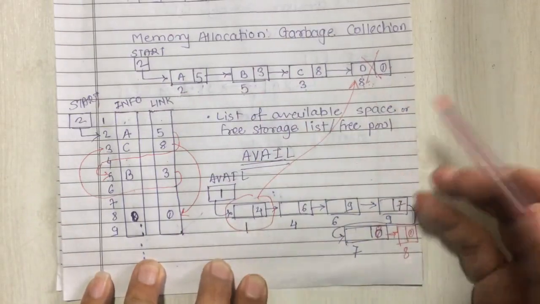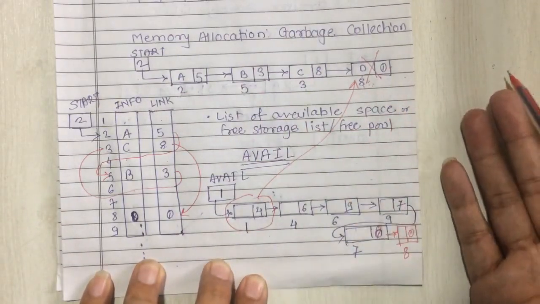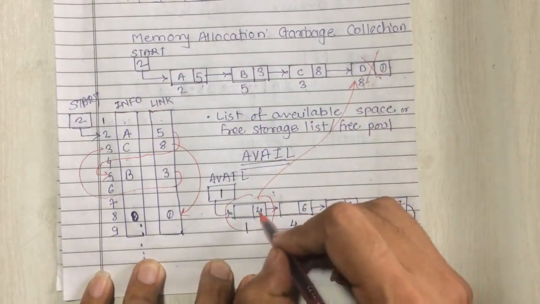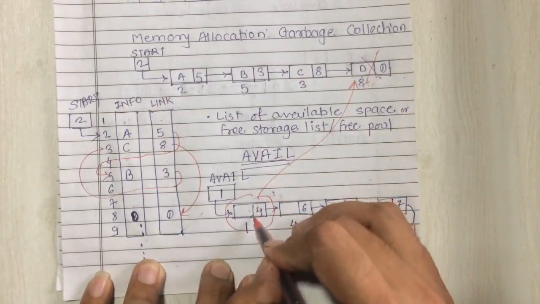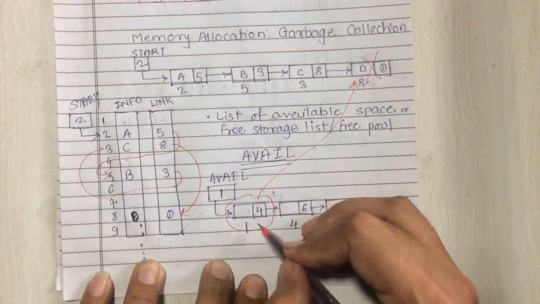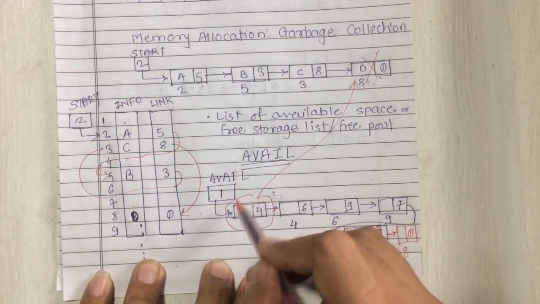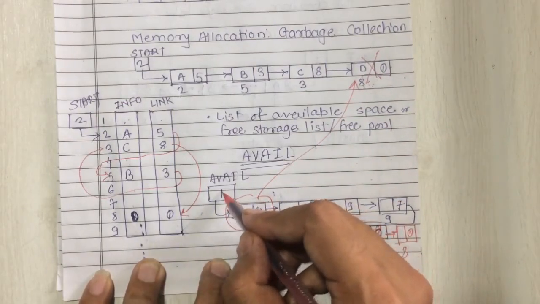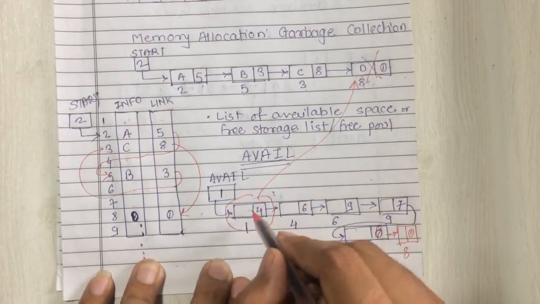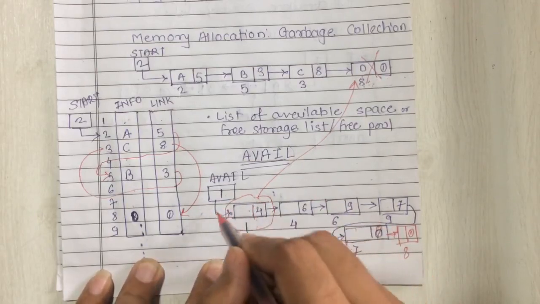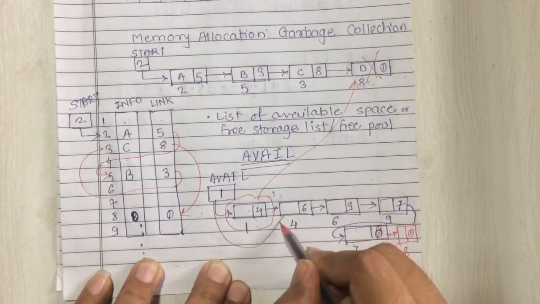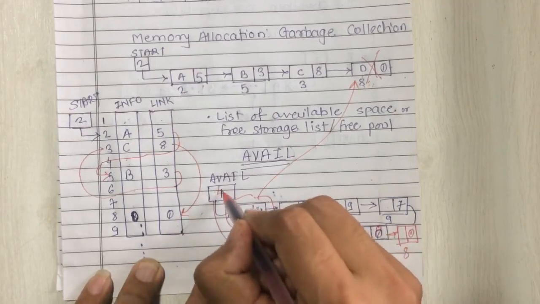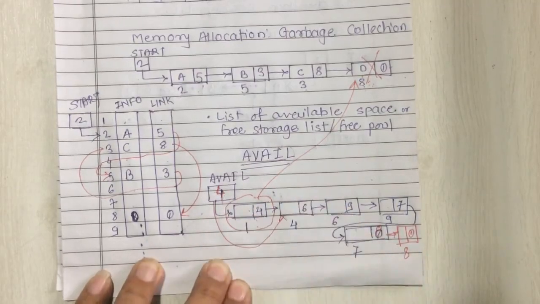It depends on the situation or the condition, right? And after removing this node from this avail list, initially avail was pointing to the first node. As we have removed this, instead of pointing to the first node, now avail must point to this second node, and the address stored over here is 4.